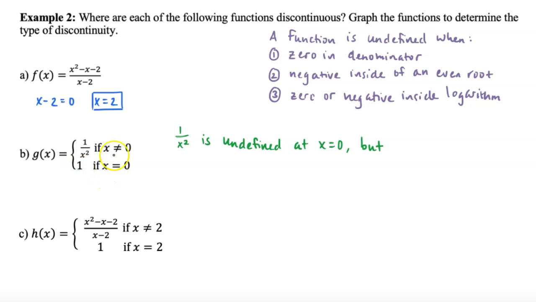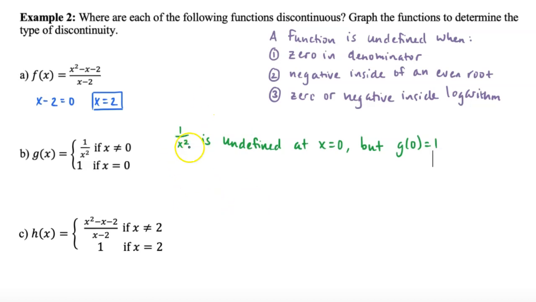If x equals 0, g of x is equal to 1. So g of 0 is equal to 1, which is defined. In other words, this function is defined for all values of x because it has the value of 1 over x squared for any value of x except at x equals 0 where it has the value of 1. So this is defined everywhere.